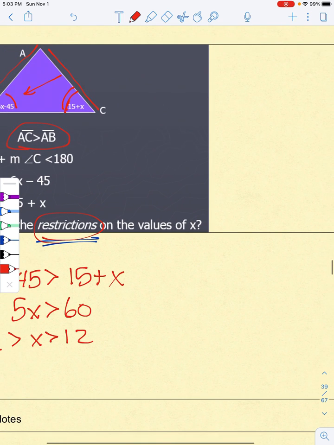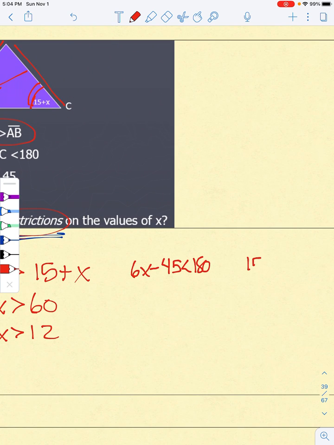So I'm going to write over here two possibilities. 6x plus 45 is less than 180. And I also know that 15 plus x is less than 180. So subtracting 45 from both sides, we get 135.